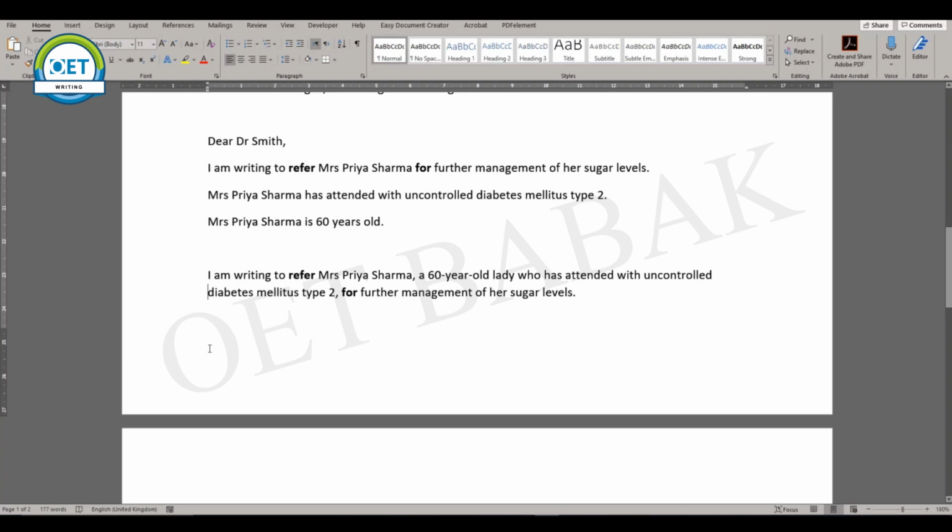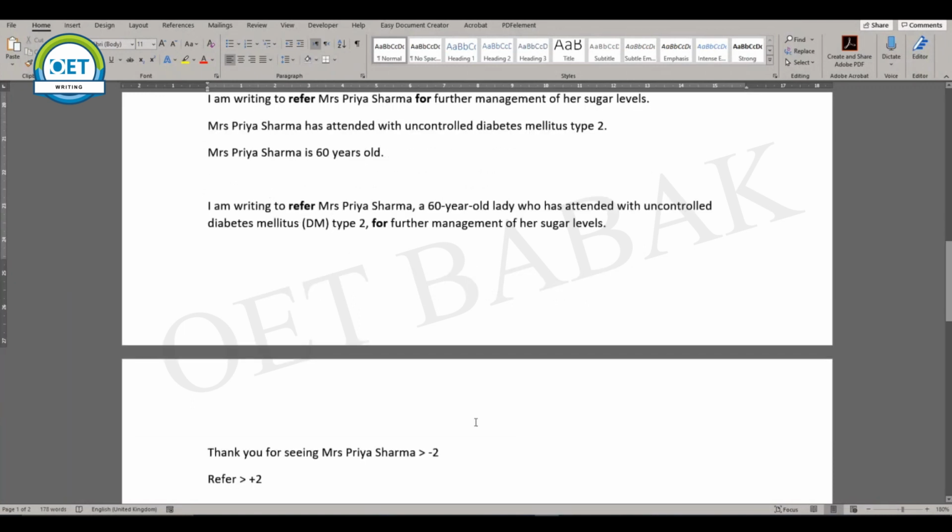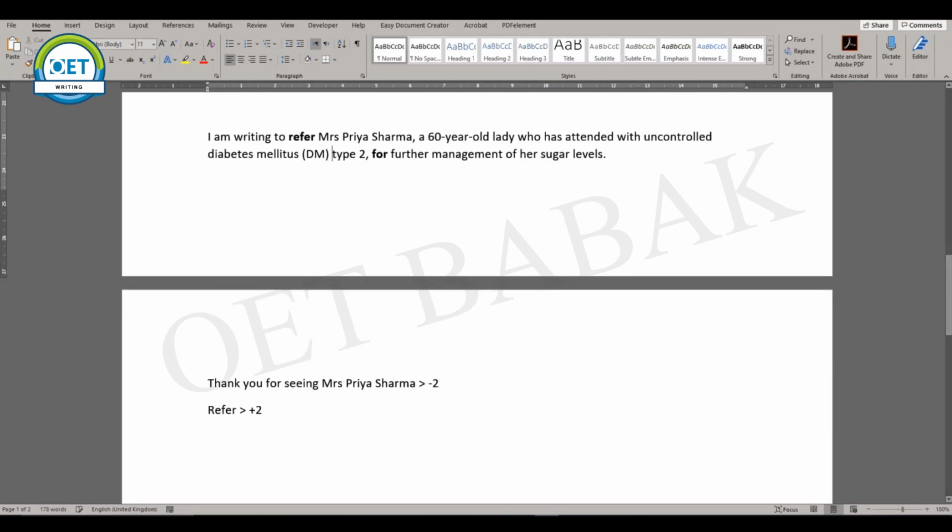But if you're not sure, what you can do is this: diabetes mellitus, put DM in brackets, and after this place, you can use DM. Okay, just like in academic writing, you're familiar. So if you're not sure, just write the full term with DM in brackets and then use DM after that.